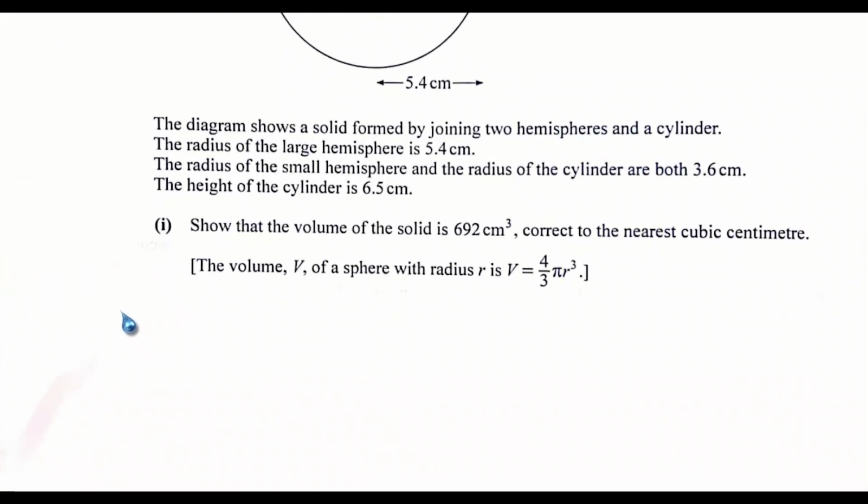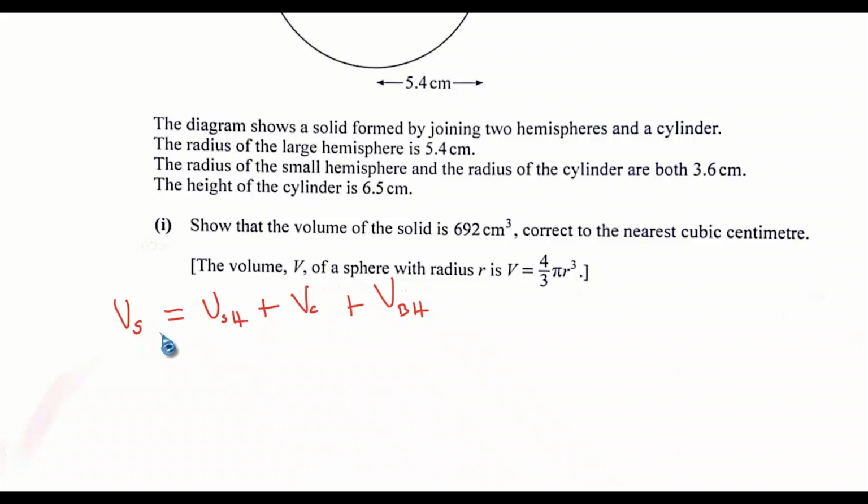The volume of the solid will be equal to the volume of the small hemisphere plus the volume of the cylinder, plus the volume of the big hemisphere.